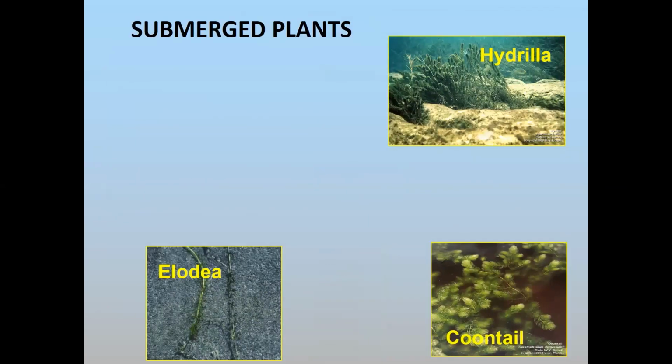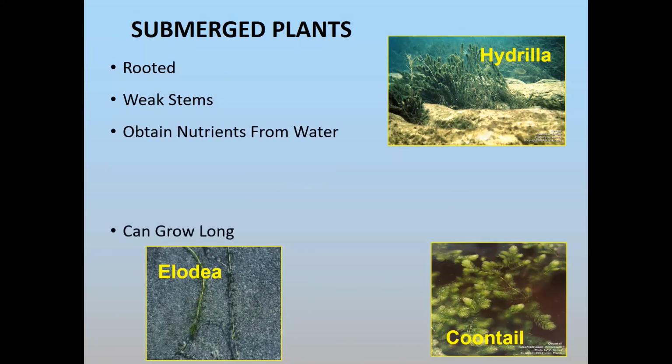Now, submerged plants, some of the common ones are hydrilla, again, an invasive species. There's coontail and elodea, for example. And again, a certain population of native plants is a good thing. It's just when it gets out of control due to excessive nutrients that it can become a nuisance or interfere with the use.